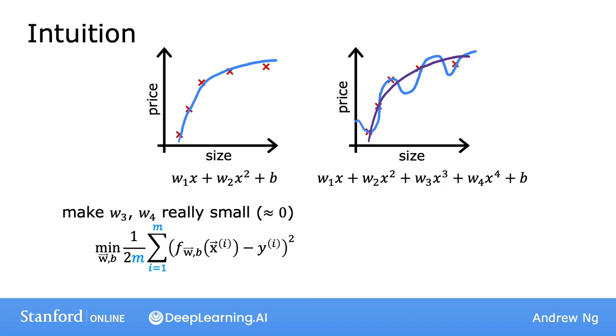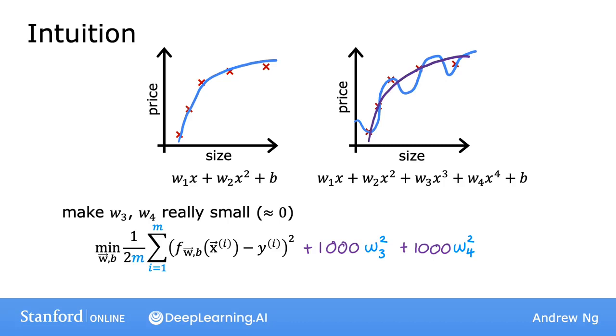Let's say you were to modify the cost function and add to it 1000 times w3 squared plus 1000 times w4 squared. And here I'm just choosing 1000 because it's a big number, but any other really large number would be okay. So with this modified cost function, you'd in effect be penalizing the model if w3 and w4 are large.